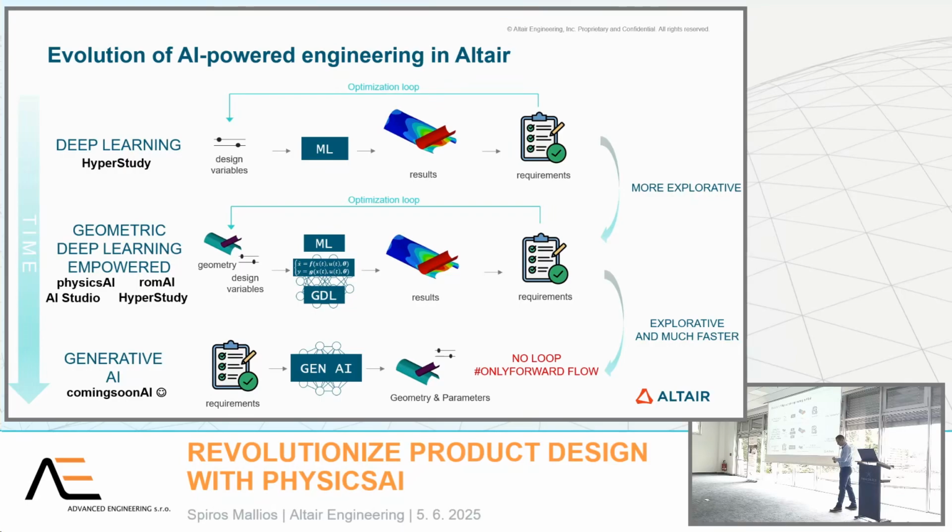solver team in Altair. To finish off this presentation, I would like to sum up our AI portfolio and where we are going. You might have heard of the term generative AI, or Gen AI, as people call it, which basically means that in the future, and we are working towards that, the machine will actually tell you where your part should go, where your design should go.